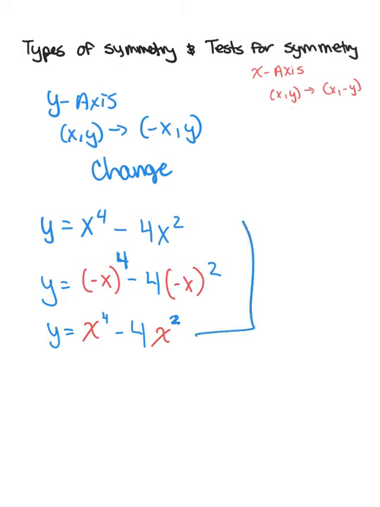Is this what I started with? Are they the same? Yes, they are the same. So this is symmetric with respect to the y-axis. If they weren't the same, then it would not be symmetric with respect to the y-axis.